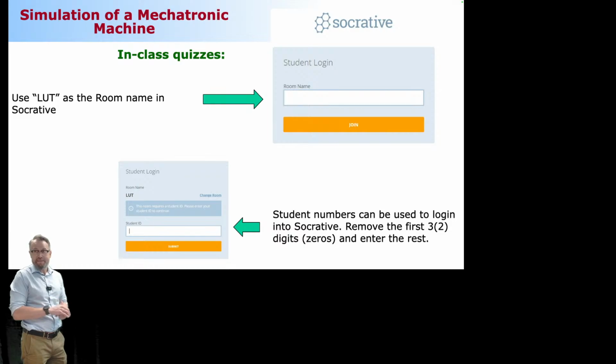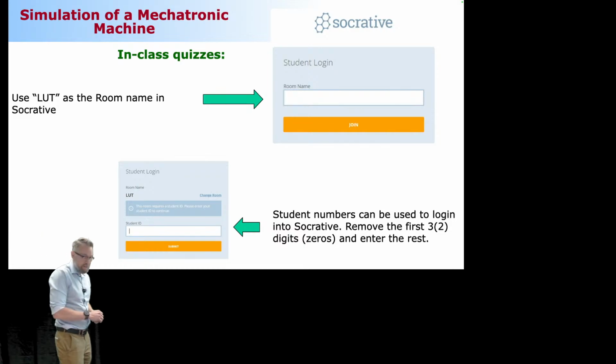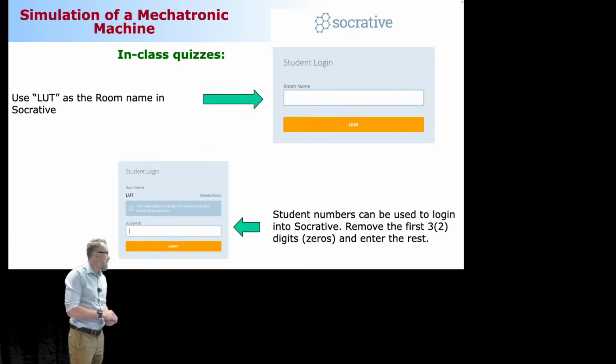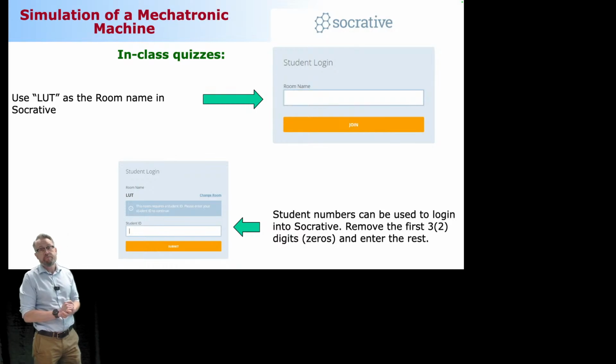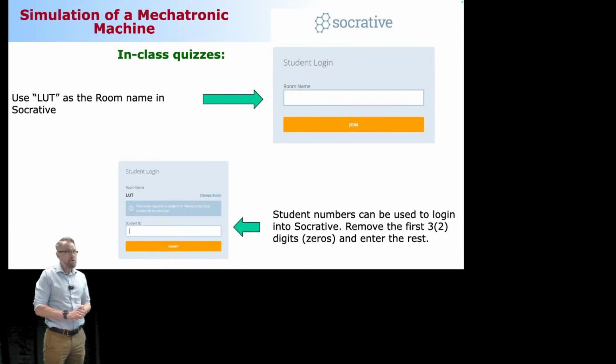You feel it? Good. All right, so you need to log into Socrative and select the room called LUT. And you need to log in by using your student ID number, but please remove all the zeros before the first non-zero digit. There may be 2, 3, sometimes even 4 zeros. Take them all off. Log yourself into the system, because momentarily we need this.